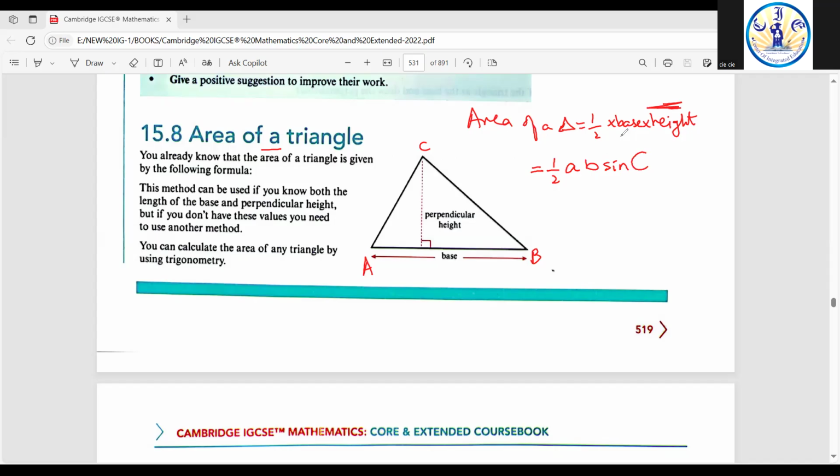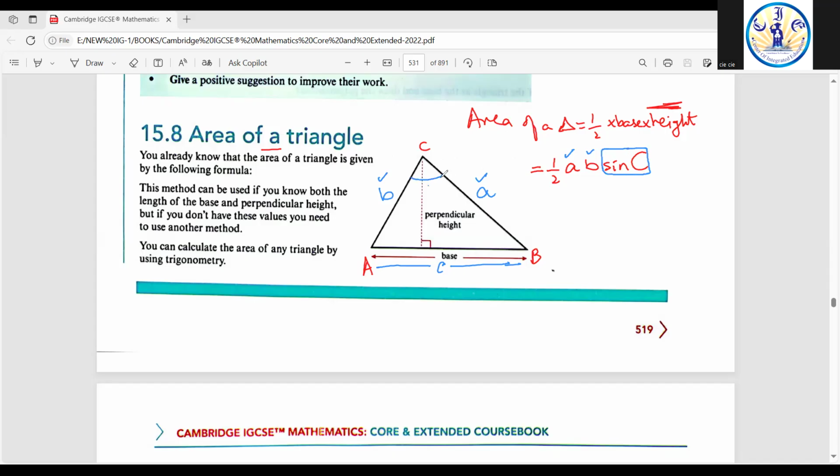What does this tell me? This is the side opposite to angle A, small a, this is small b, and this is the small c side. It states that if you know small a and small b, these two sides are known, and we know this angle C, whose sine is to be calculated.